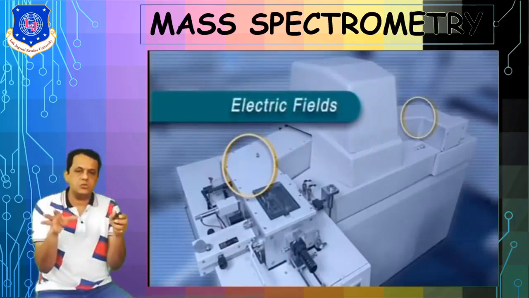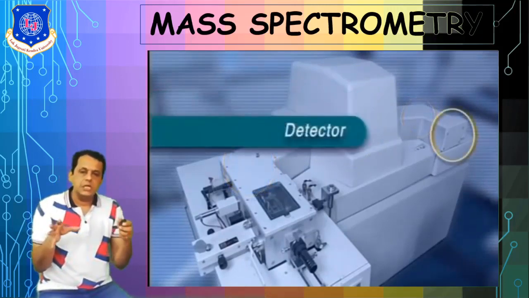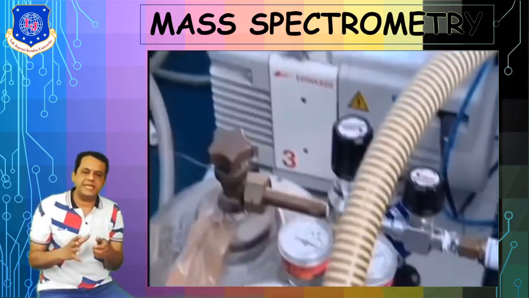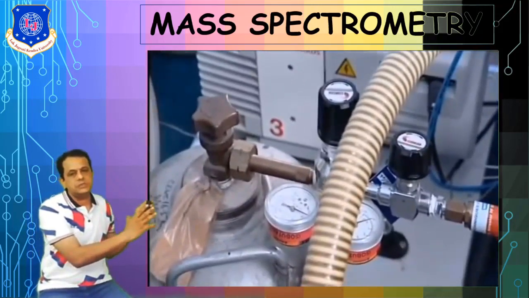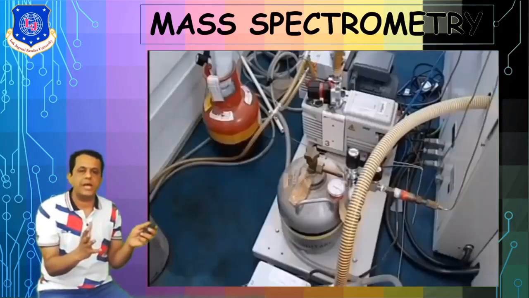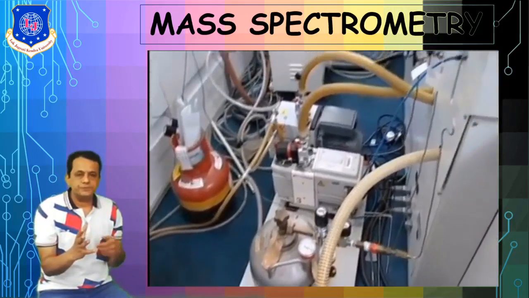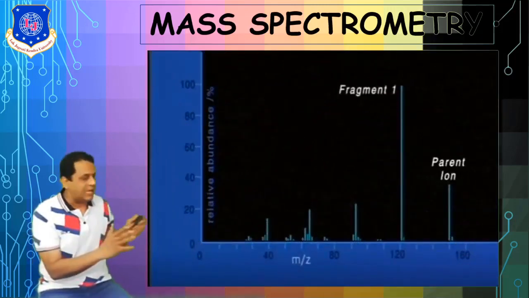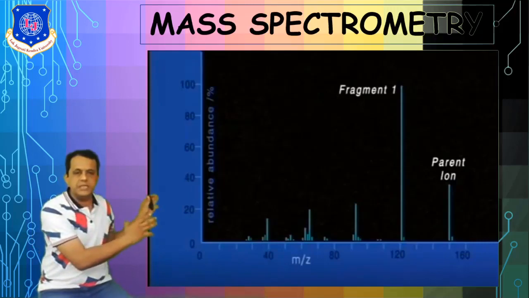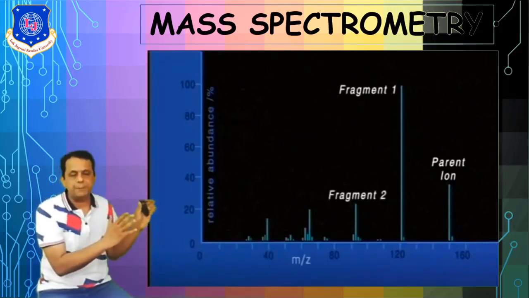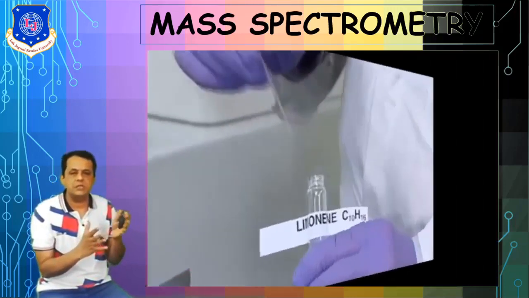By having these fields, your entire sample will be ionized and reach the detector. Here you see these pumps are managing the vacuum pressure in the system that we require. Now how a sample is introduced, and the output will be in this pattern. After the detector, you see the parent ion and what happens after fragmentation.